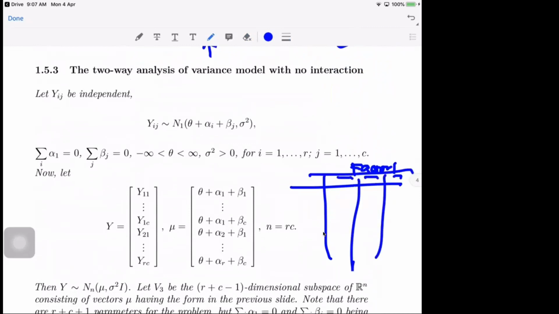And then you have factor 2, and it has its corresponding levels. So with no interaction, you can have replicates in each of the levels and factors, or it can be single.